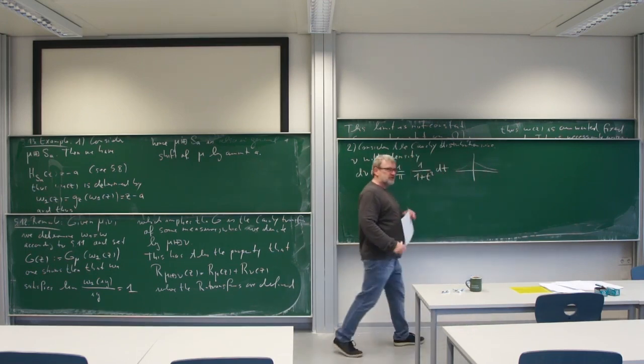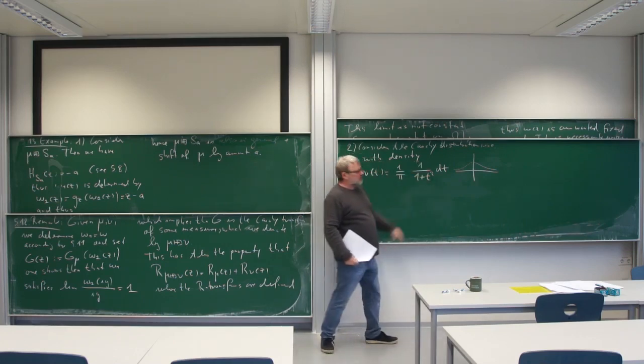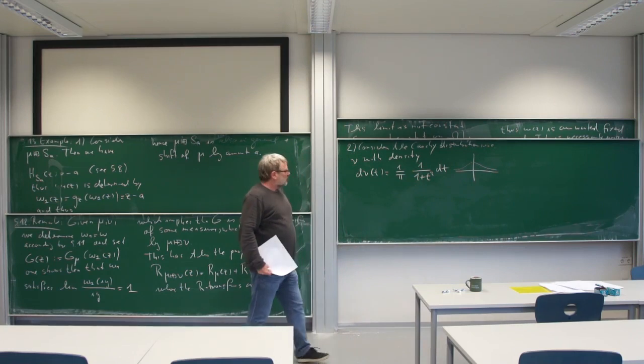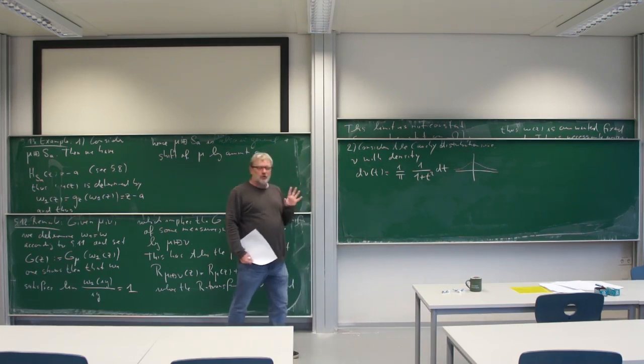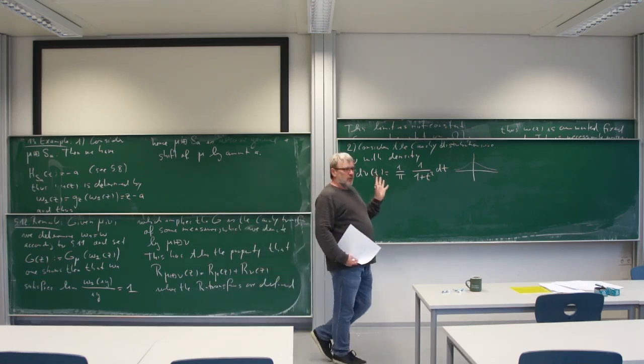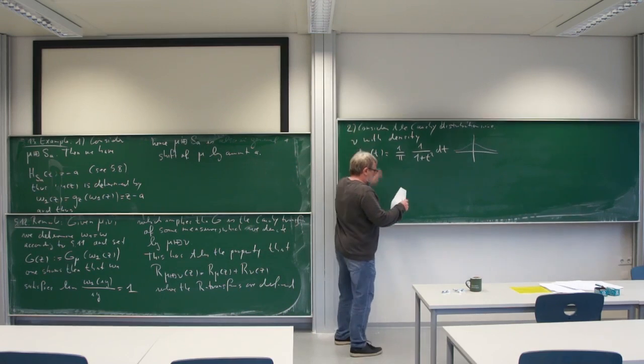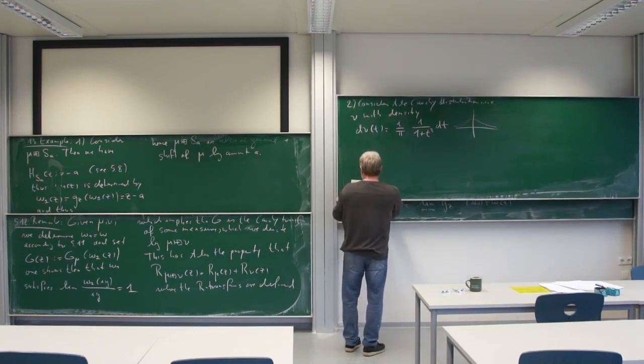I mean, the Gauss distribution goes down exponentially for large arguments. This here only goes down polynomially. This is the reason that this measure has no moments. The first moment is 0 because it's symmetric, but the second moment and higher moments don't exist. It's an important distribution.